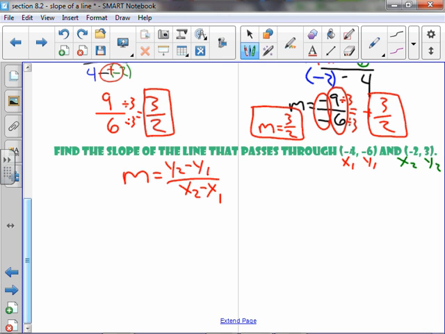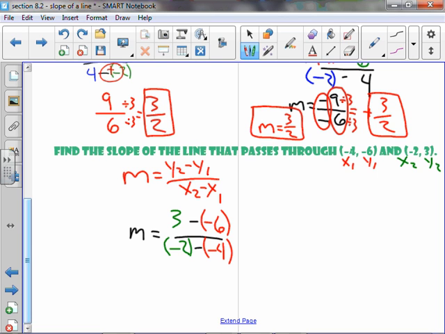I get that m is equal to y2 is 3, y1 is negative 6, x2 is negative 2, and x1, I'm sorry, x1 is negative 4.